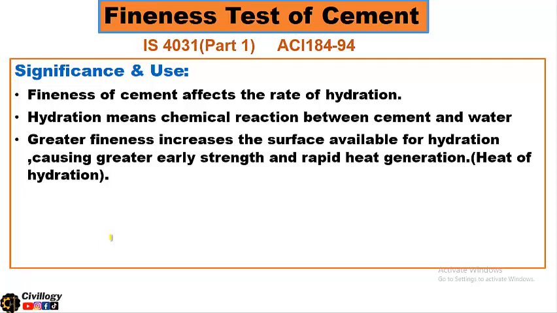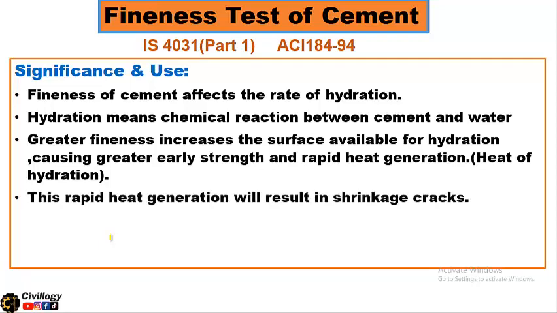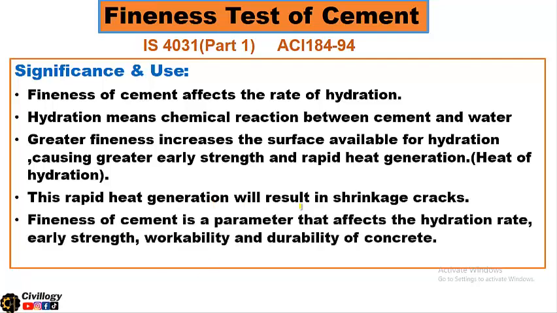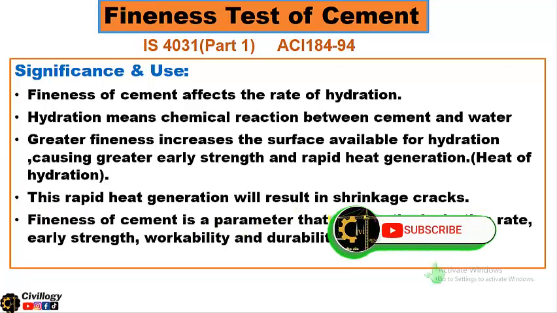This property is measured by the fineness test, which we are going to perform in this video. The other thing is that rapid heat generation will result in shrinkage cracks, and fineness of cement is a parameter that affects the hydration rate, early strength, workability and durability of concrete.